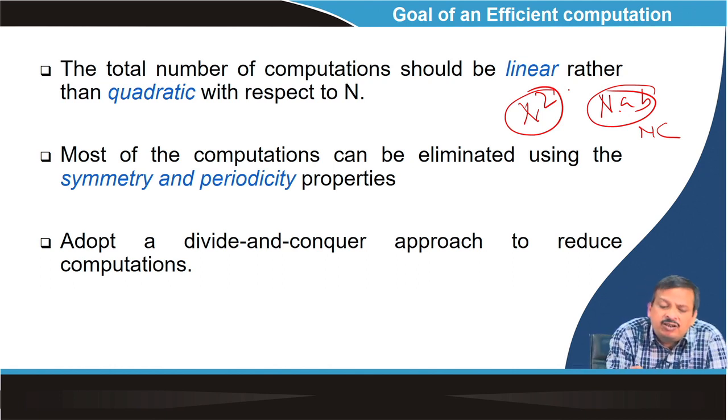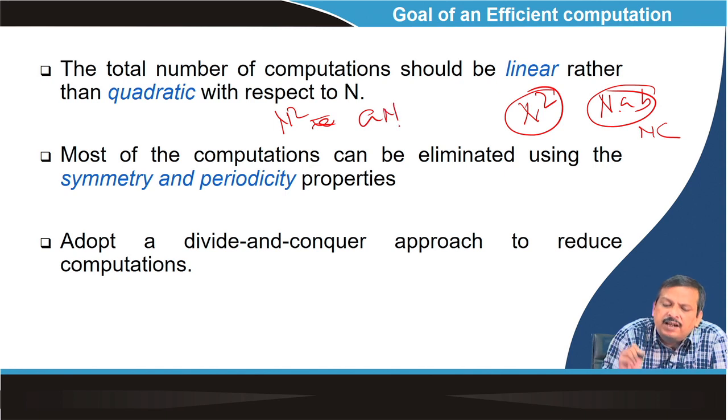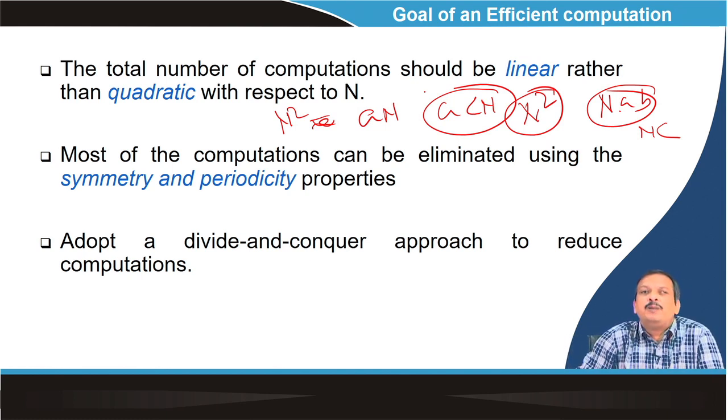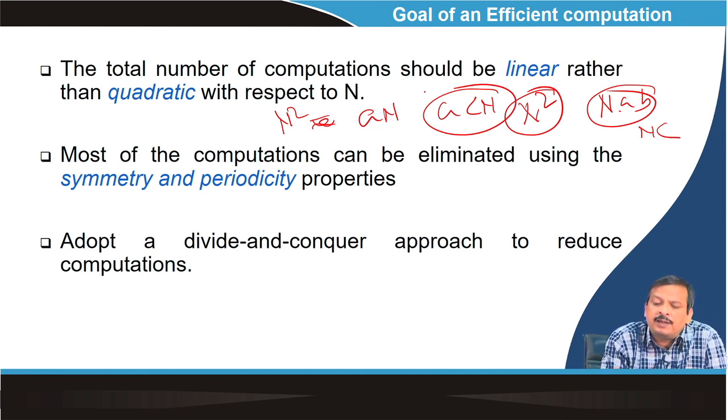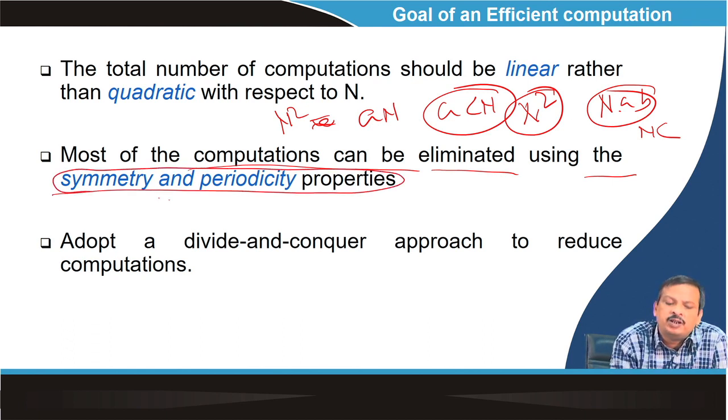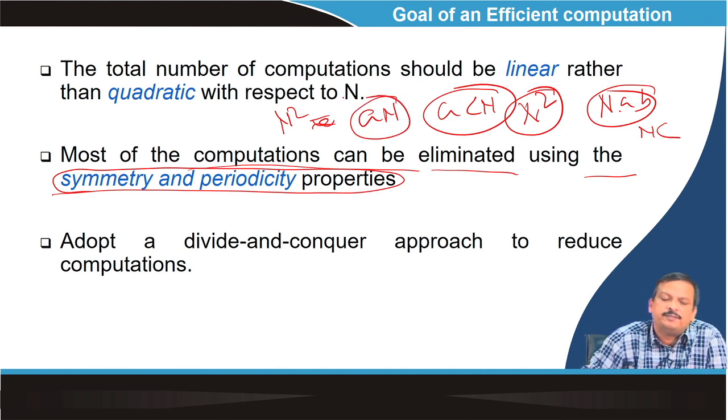So instead of n square, I want something which is nothing but a into n. So if a is less than capital N, then my algorithm requires fewer multiplications compared to the direct computation of the DFT. Okay. So most of the computation can be eliminated using the symmetry and periodicity properties. So I use those two properties to make it a into n.